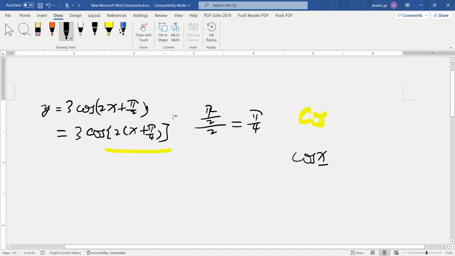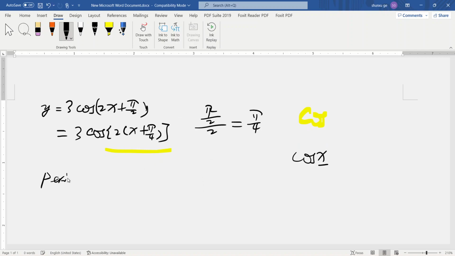So their period should be, two times x plus pi over 4. The period should be 2 pi totally.